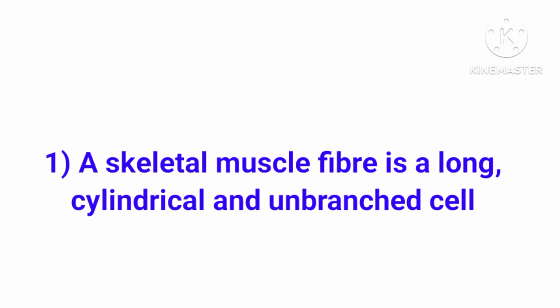Skeletal muscle fibers are striated. A skeletal muscle is made up of skeletal muscle fibers. A skeletal muscle cell is also called a muscle fiber. It is usually attached to skeletal structures by tendons.